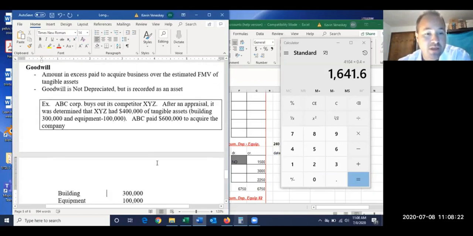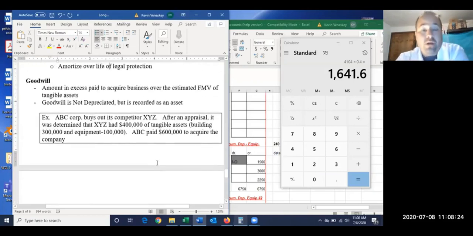The last thing we're going to talk about here is goodwill. Goodwill, not the store, but goodwill is the value that you can't place in any tangible items within a company when you buy it. This only happens when a company buys another company. You're going to add up all the value of the things that you can touch, including things like copyrights, because you can actually put a value on each one of those.